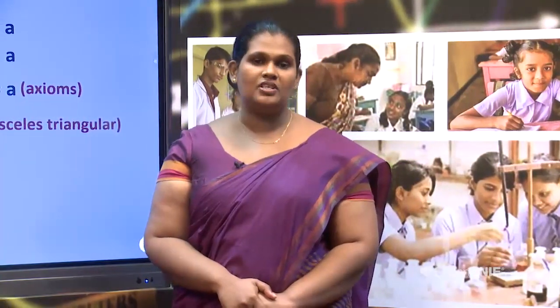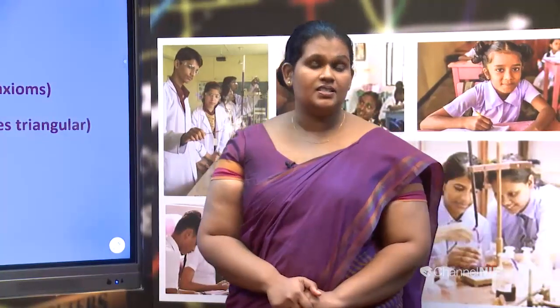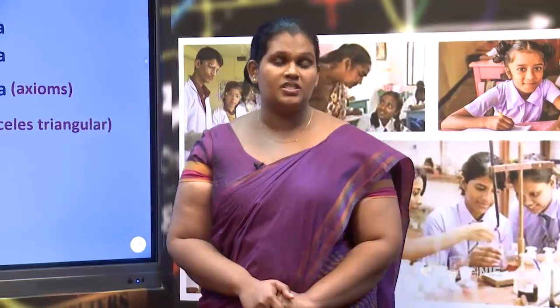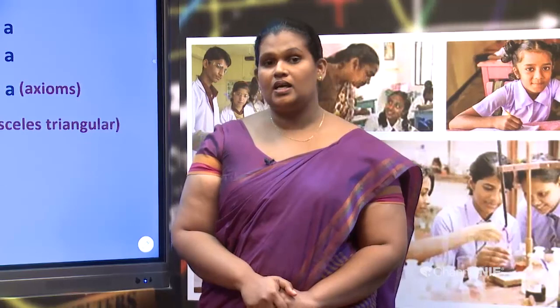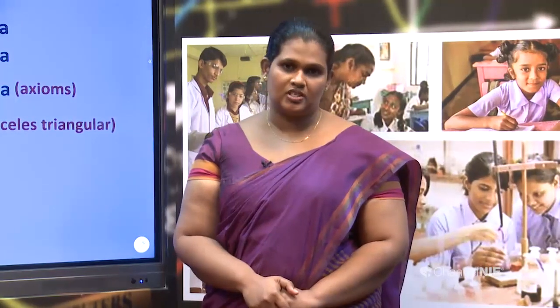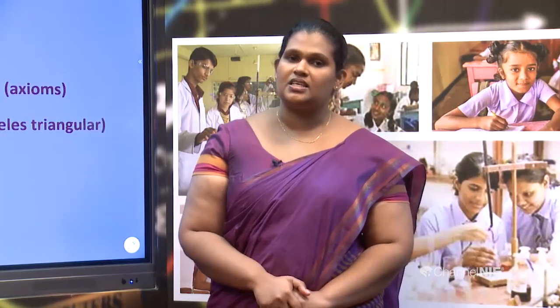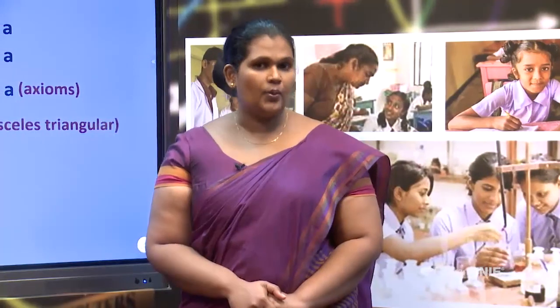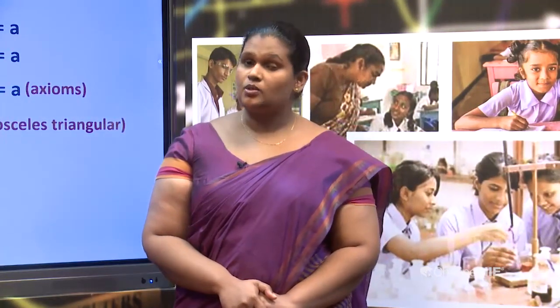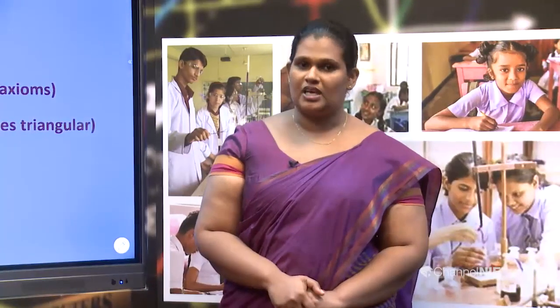Secondly, we have discussed the theorem that the angles in the same segment are equal in magnitude. Finally, the third theorem we have discussed was the angles in a semicircle are equal to 90 degrees. So, today we have done questions related to those 3 theorems and some proofs as well.